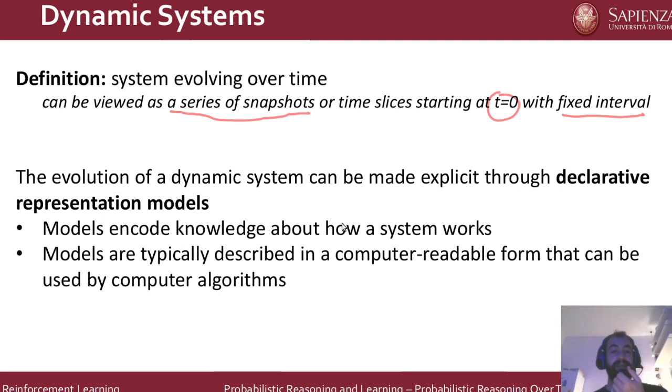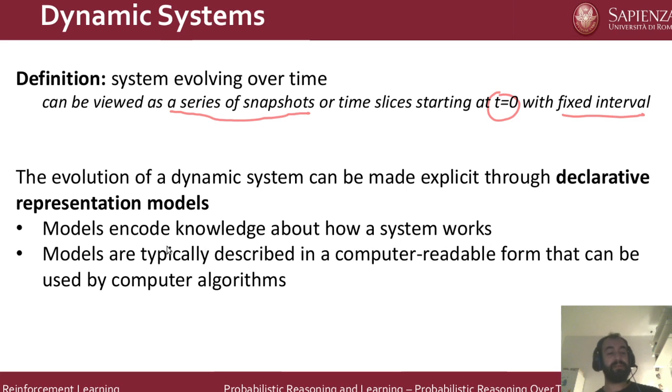When we have a dynamic system, we represent its evolution through something called a declarative representation model. A declarative representation model encodes, first of all, knowledge about how the system works, and it's described in a computer-readable form so that it can be used by algorithms, typically using something you'll see called a transition matrix or observation matrix.